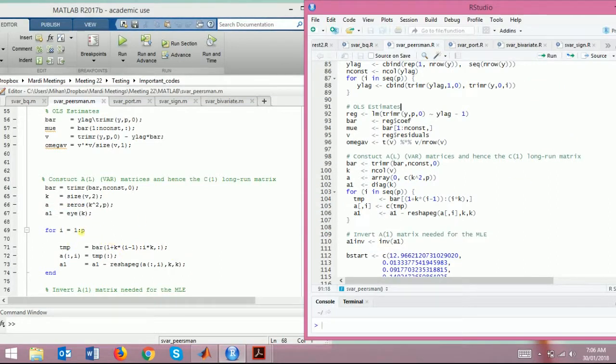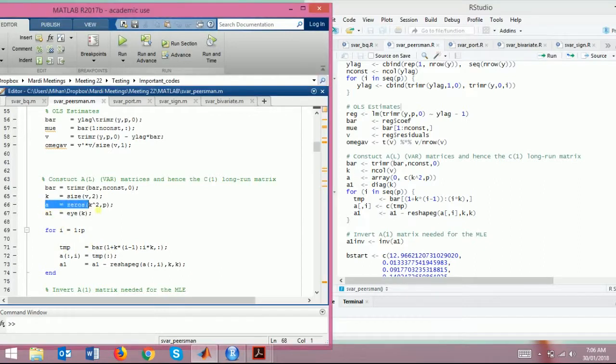So for y is equal to 1 to p, we'll play with a, right, because this is the structure that we have set. So yt minus 1 till yt, beta will continue just like before.